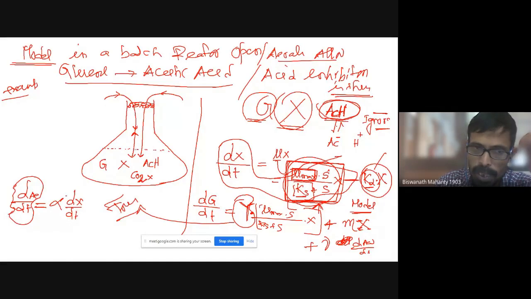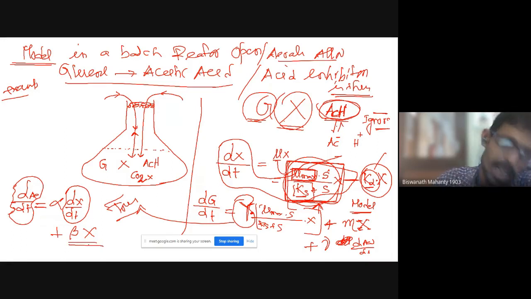So this portion is growth associated. If it is growing, then product will be formed. And next I am also writing beta into x. This part is, if there is no growth, still product is formed. Particularly this part is for antibiotic production or something like that. This is growth associated production. This is for secondary metabolite production.